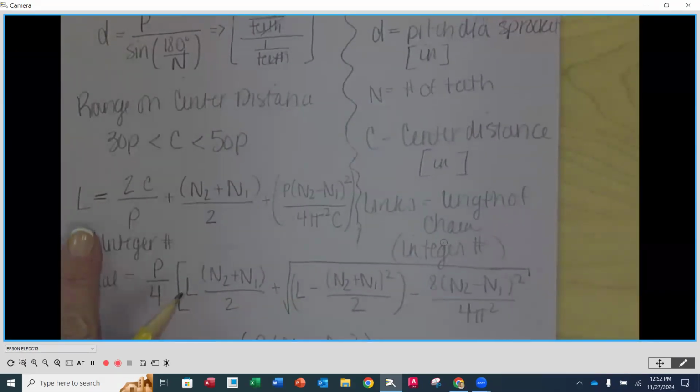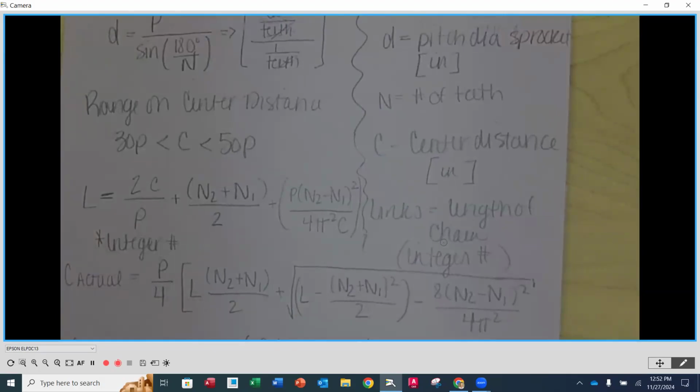But for the length of the chain, this is going to be in terms of links, okay? In terms of links. So you're probably going to get a link value that's not an integer number, but you will then pick an integer number after that. And that doesn't have to be a certain number.